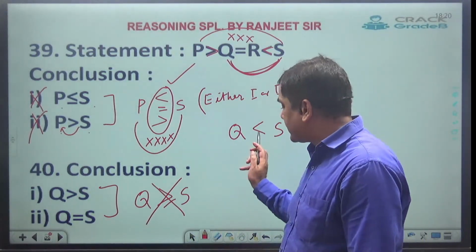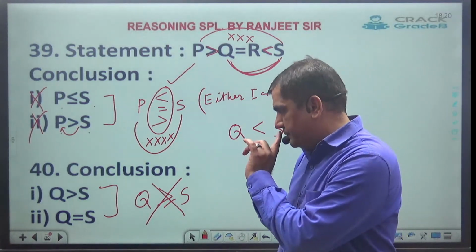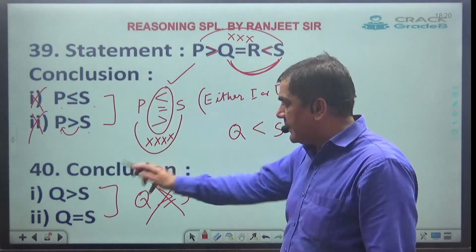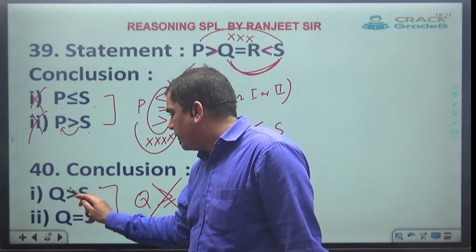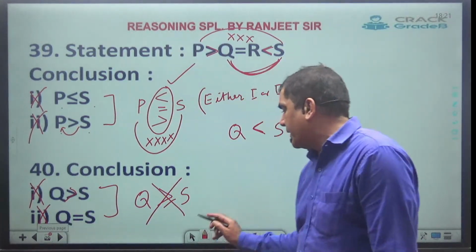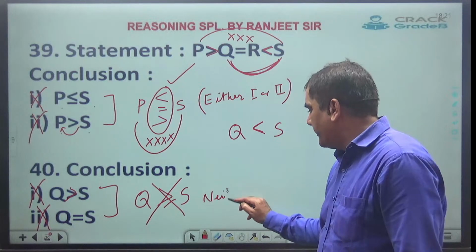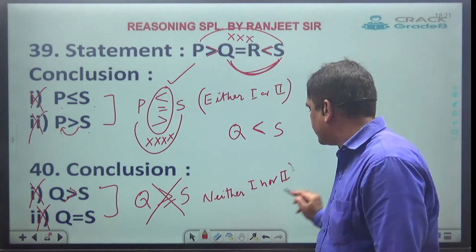Now just see whether they have given this in the option or not. Face is towards S. Here the face is towards Q. Not possible. Equal to, not possible. The answer should be neither 1 nor 2. I hope now you must have understood the concept of either or.